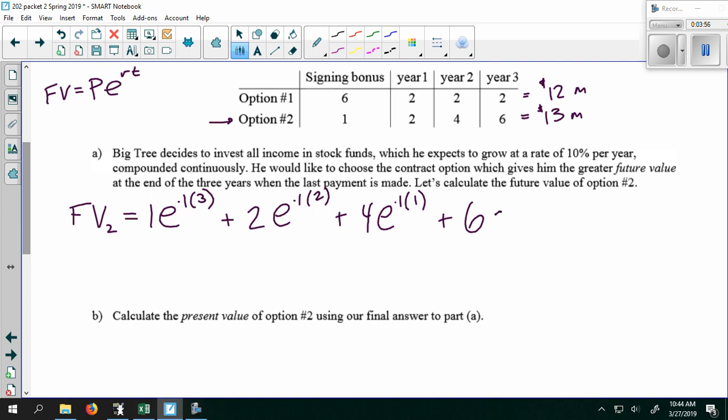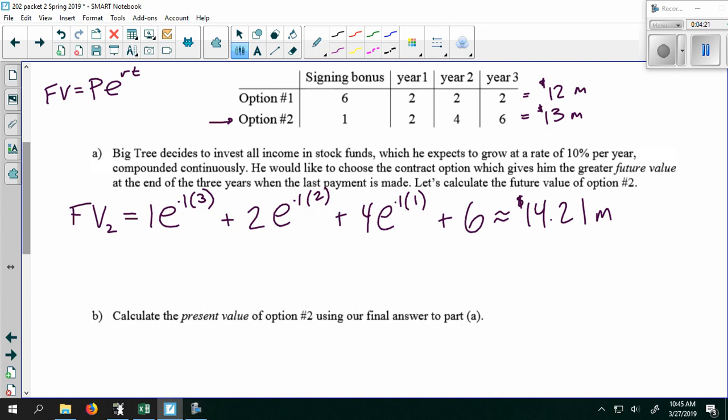So we add this all up, and we get approximately $14.21 million. So that's the future value of option 2. Option 2 is a total of 13 million, but it's actually worth 14.21 million because he can invest the money as he gets it.